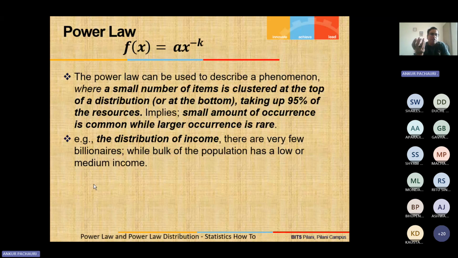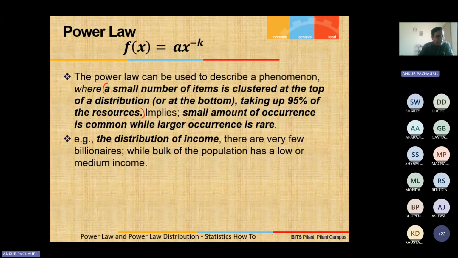But what is the interpretation or application of a power law in our day-to-day life? Because the power law holds in every phase of our life and most probably in every activity throughout the world. Okay, so it is a phenomenon. Power law can be described as a phenomenon where a small number of items is clustered at the top or at the bottom of the distribution, taking up 95% of all the resources.